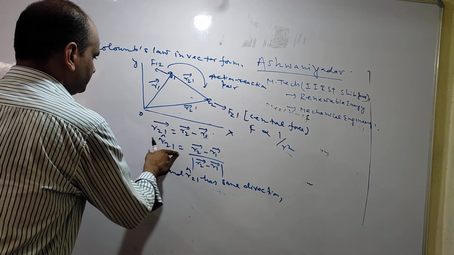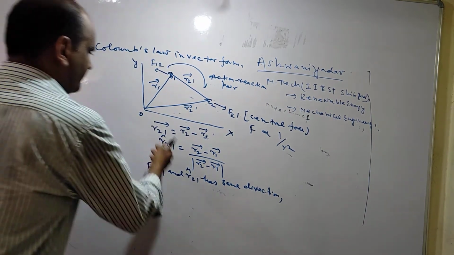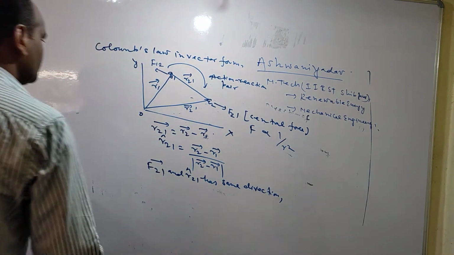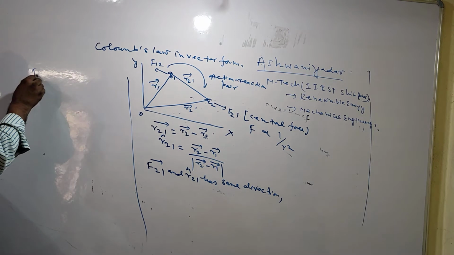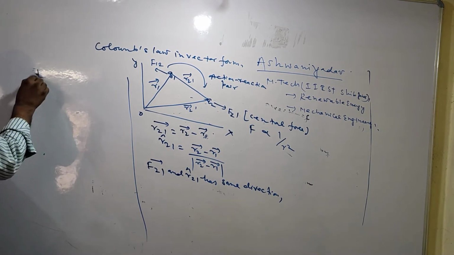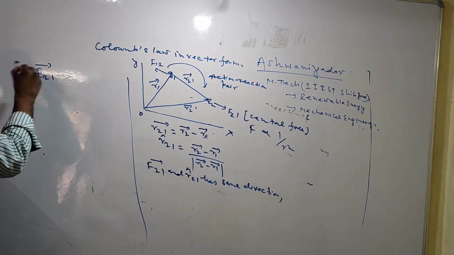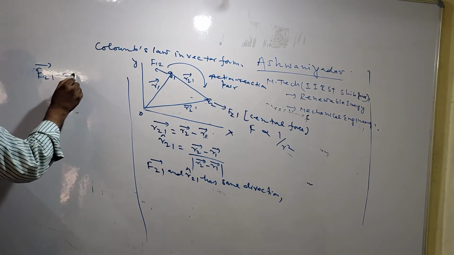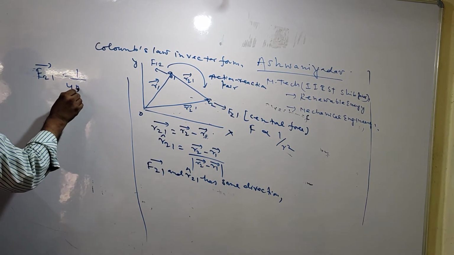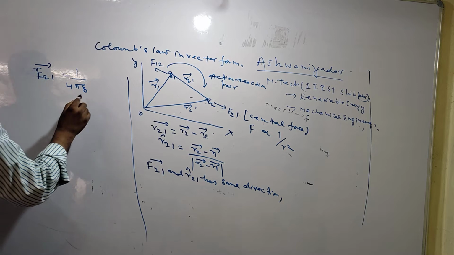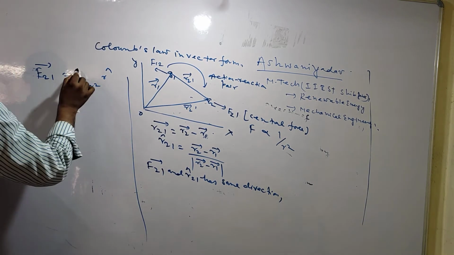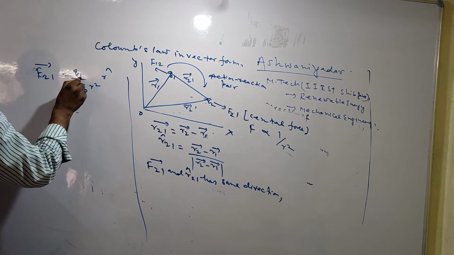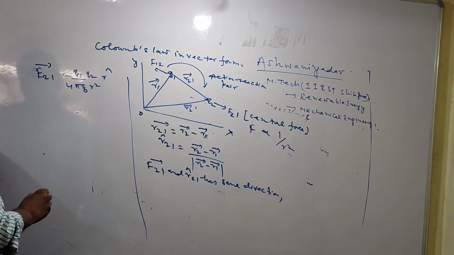If you know the unit vector, then you can find the direction of the force. Now the force F21 is, as usual, 1 by 4 pi epsilon naught r square, times the unit vector r, and q1 and q2.